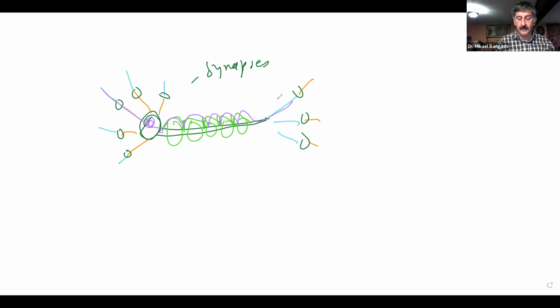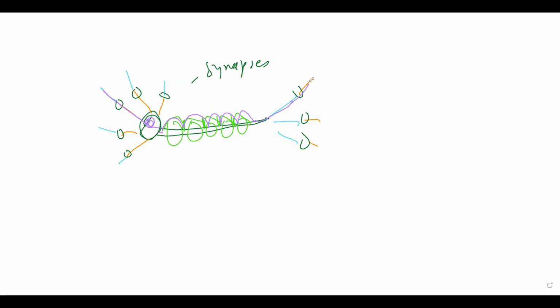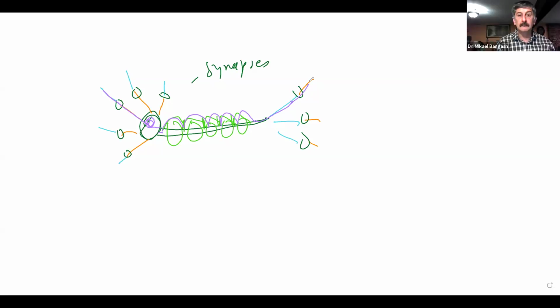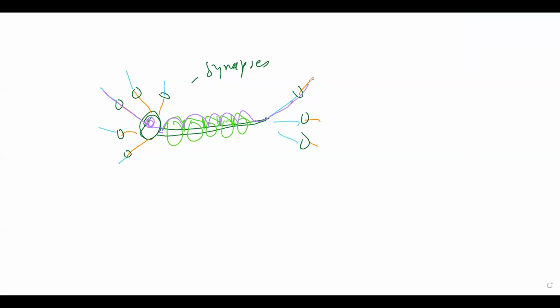Then maybe it goes on to the next dendrites of other neurons. Then I just wanted to know, what is the main difference between a nerve and a neuron? Nothing. They're the same? They're the same. Okay, thank you.